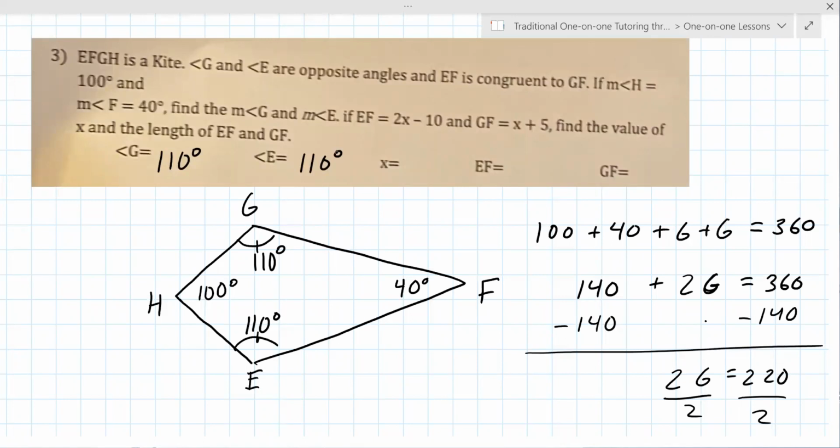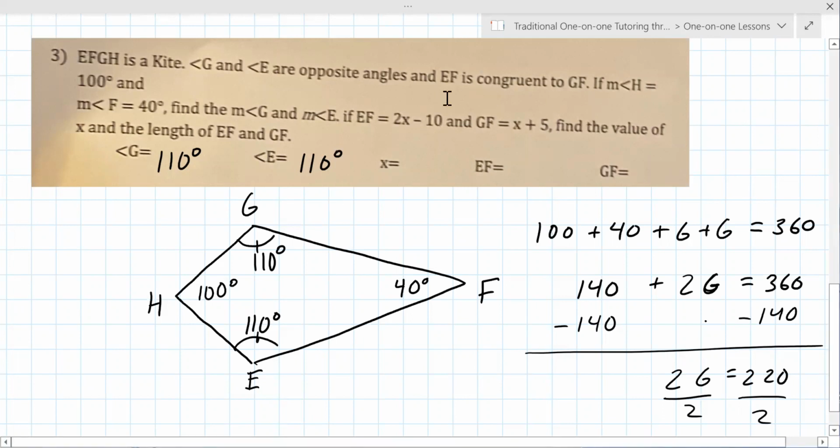So what does X equal? To figure out X, we have to go back to this part. It says EF is congruent to GF. So here's EF, E to F, and here's GF. Those are congruent. Do you see how we have an expression for EF and GF? What does the word congruent mean?